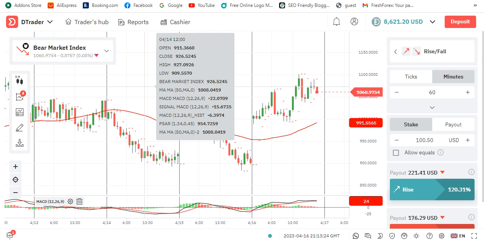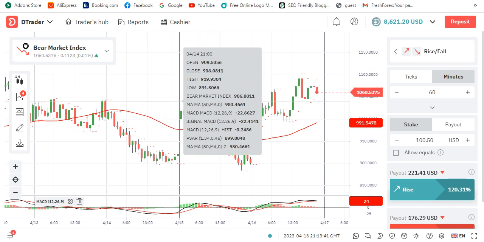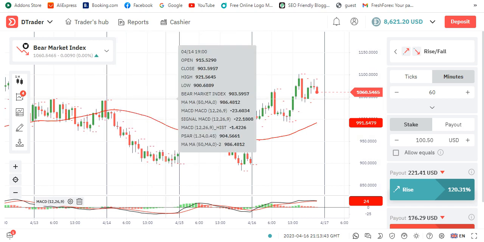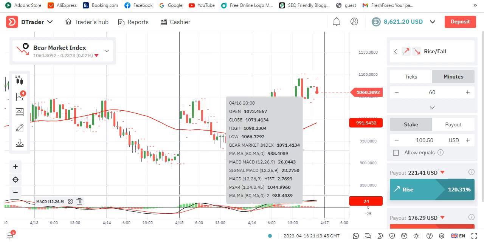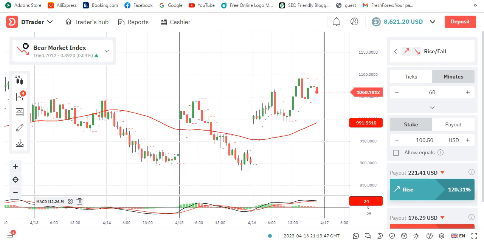What we mean by a bear market is a sell market, something that goes down. That is, the trend is always a downward trend, and this makes it easy for you to not do a lot of analysis by yourself.